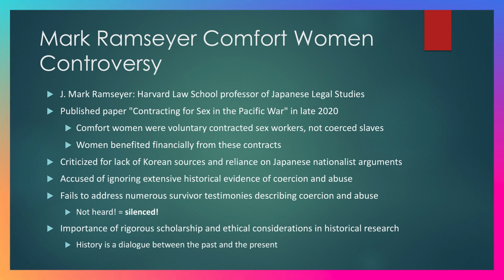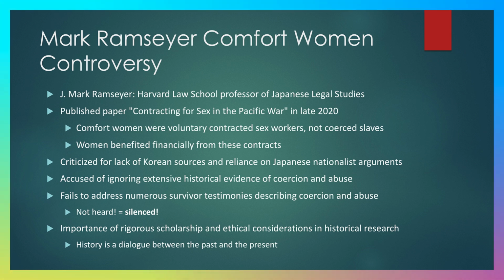So he didn't use any source other than the Japanese nationalist argument. In Japan, some right-wing nationalist people, politicians and scholars don't really admit there were sex slaves. They just argue that it was voluntary work.